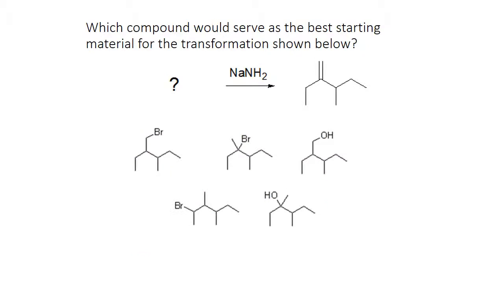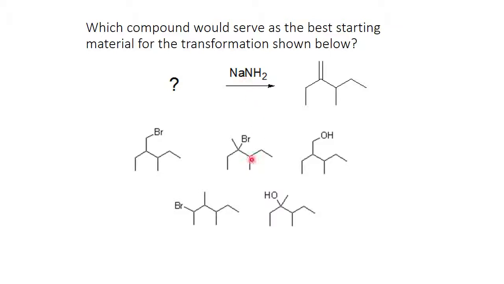Which of these compounds would serve as the best starting material for the following transformation? Okay, if I look at this, I'm going to be using sodium hydride, a strong base, to form an alkene.